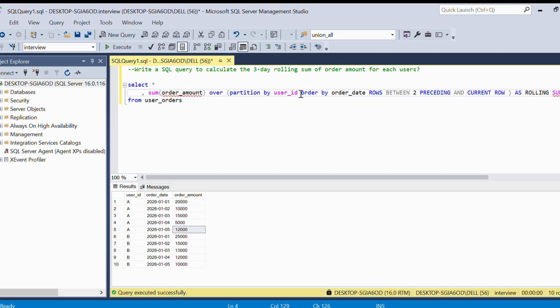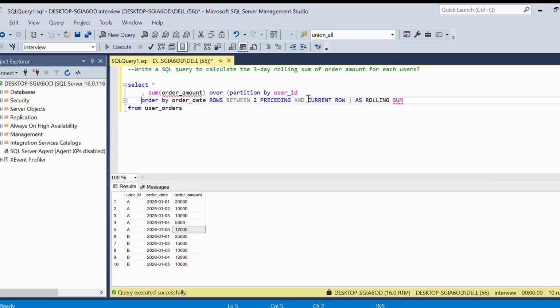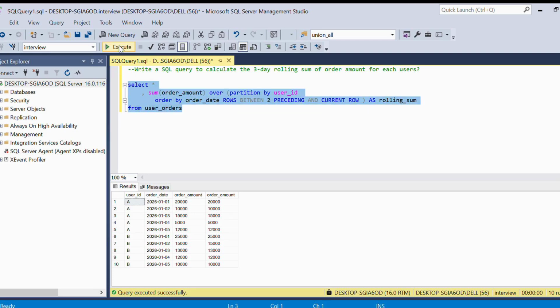I think from orders. I made some mistake here, an invalid order amount. So let's run the query.